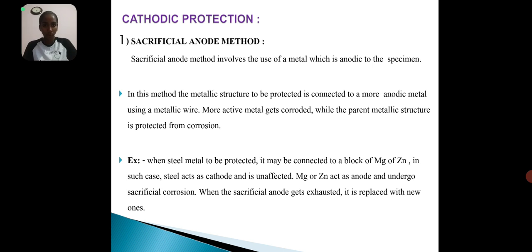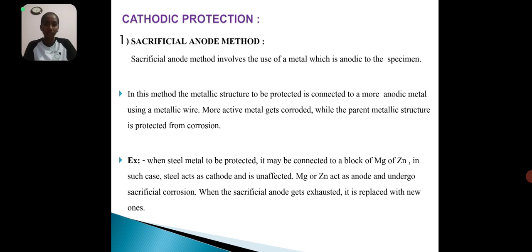In cathodic protection, sacrificial anode method is one of the methods of cathodic protection. Sacrificial anode method involves the use of a metal which is anodic to the specimen. In this method, the metallic structure to be protected is connected to more anodic metal using a metallic wire.